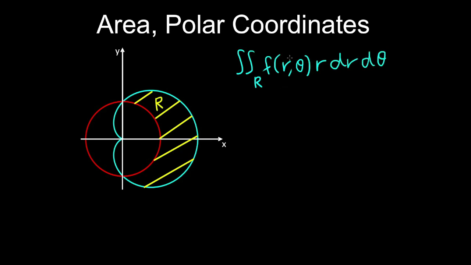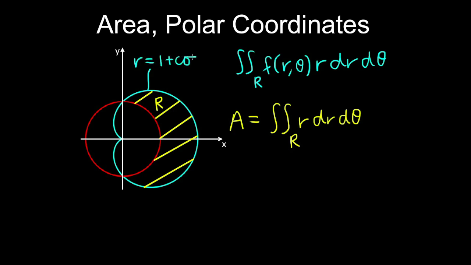So if this function is constant and equal to 1, then the double integral of 1 over the region R gives the area of the closed bounded region in the polar coordinate plane. So for example, if this cardioid has a polar function of r is equal to 1 plus cosine theta, and the circle has a radius of 1, so the polar function is r equals 1.